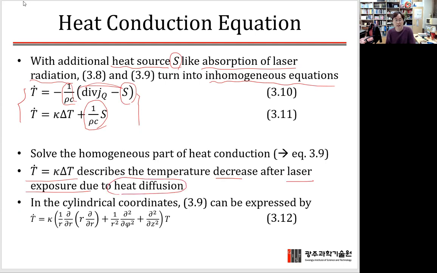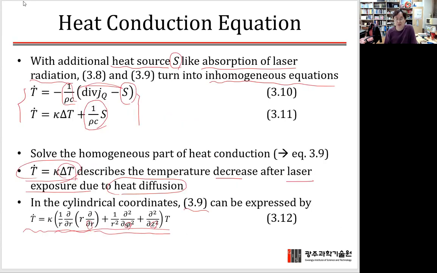And then in the cylindrical coordinates, equation 3.9 can be expressed as T dot is kappa, and then delta T in three dimensions: R here, and then phi and also Z for the cylindrical coordinates.